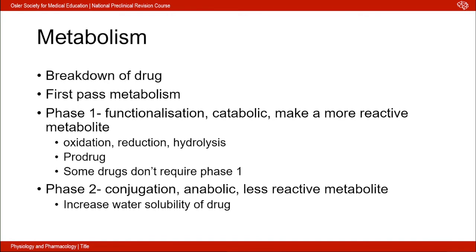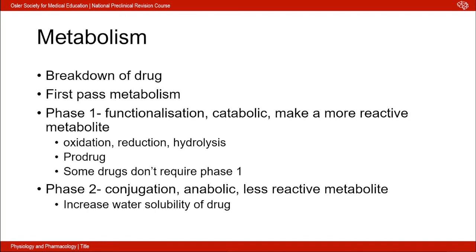So first pass metabolism, we went through this a little bit, is essentially the metabolization and inactivation of a drug before it reaches the systemic circulation. And it occurs in the gut wall and the liver, especially in the examples of drugs like propranolol, verapamil, morphine, nitrates, which you come across, I'm sure, in first year.